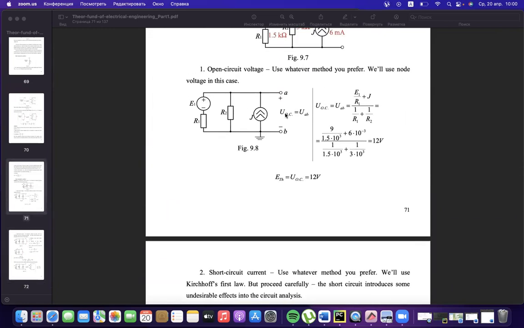How could it be found? Let's find, first of all, the voltage between points A and B. It could be found using the nodal potential method.